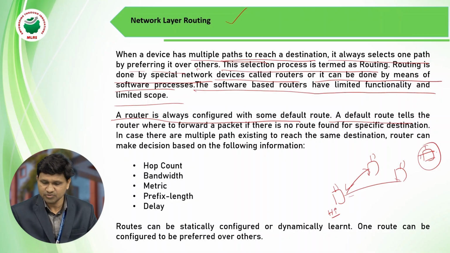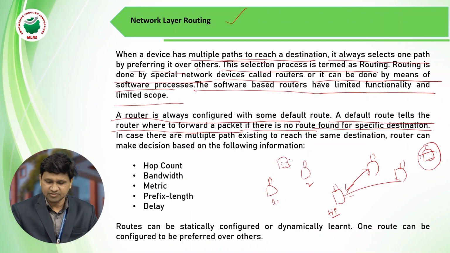A default route tells the router where to forward a packet if there is no route found for a specific destination. Suppose here I have device 1 and device 2, and in between them I provided one router. If you didn't mention the route for a particular device, the router itself maintains the route table.